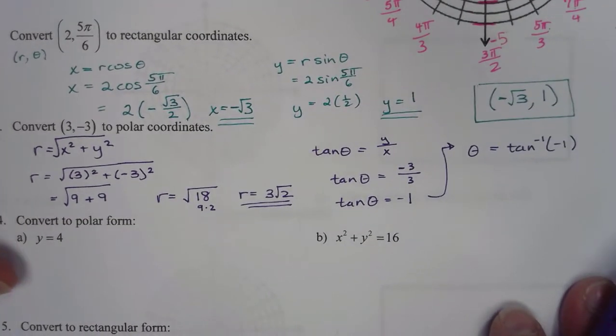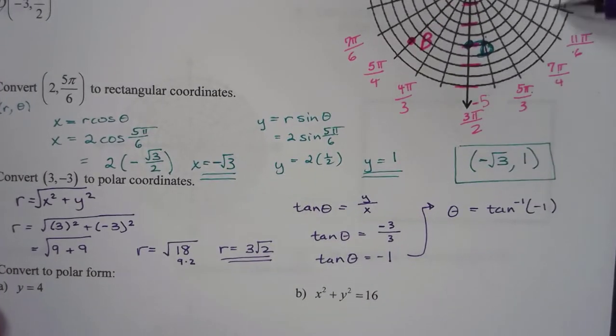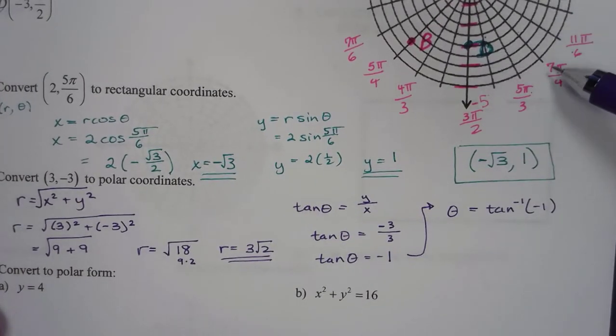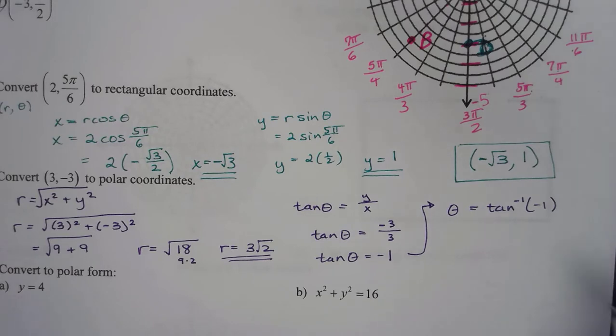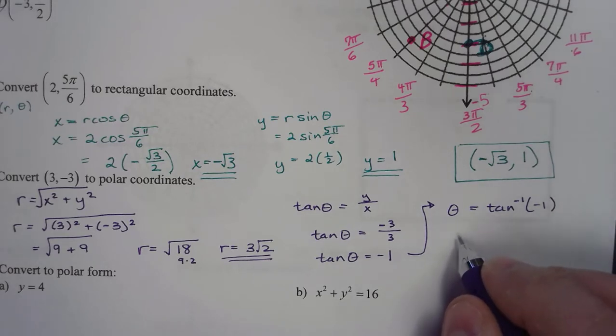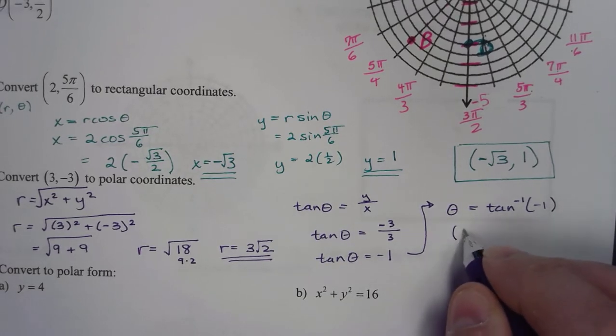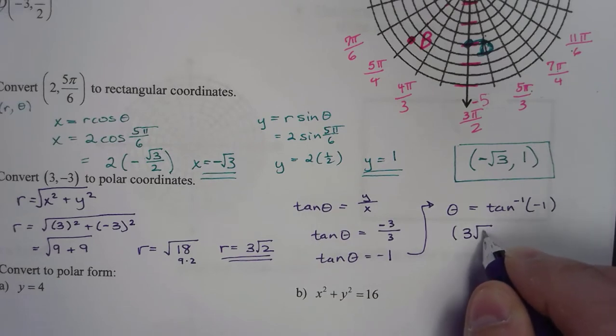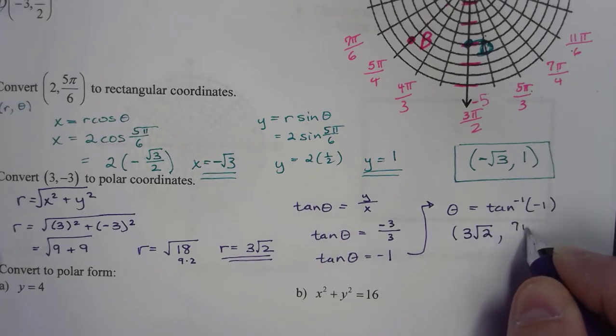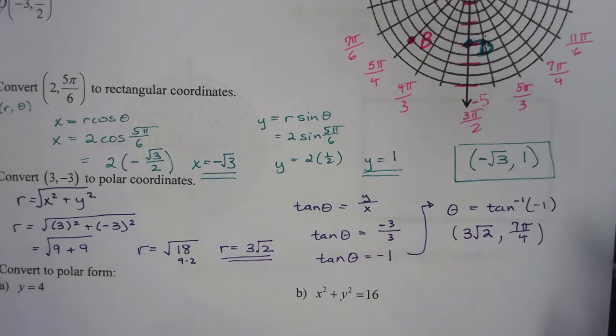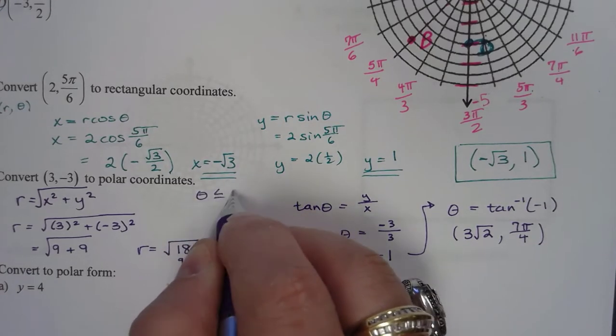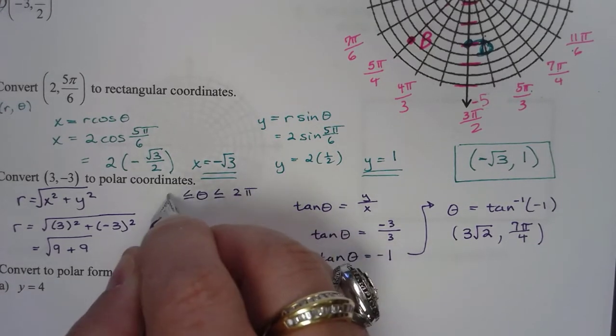The interval for tangent is negative pi over 2 to pi over 2. So we're negative here. That is 7 pi over 4. So I could write this as 3 square root of 2 for my radius and 7 pi over 4 if I need my theta to be between 0 and 2 pi.